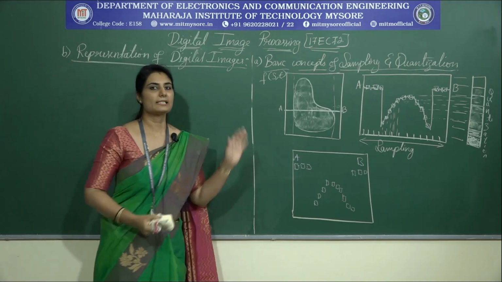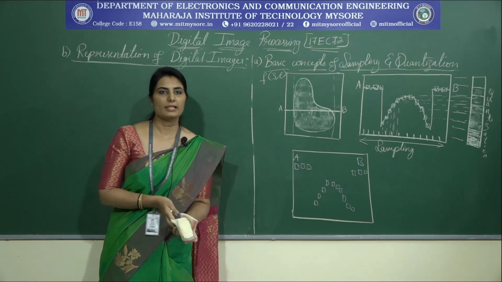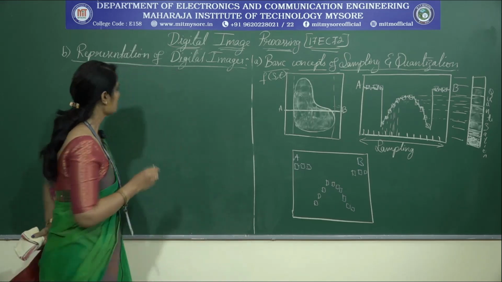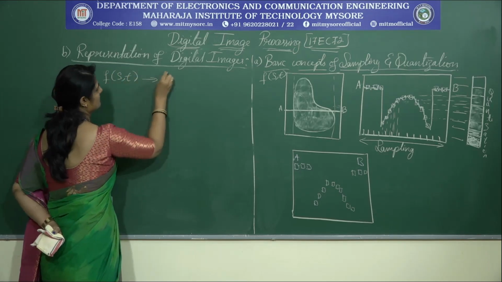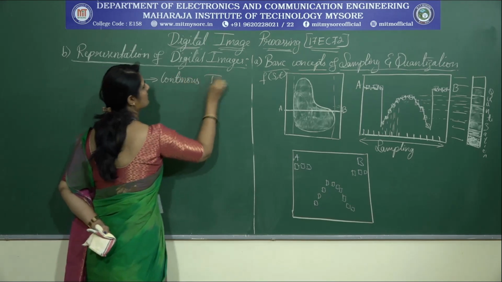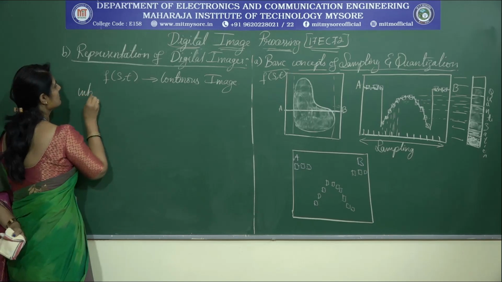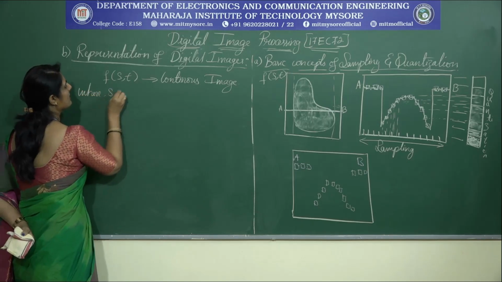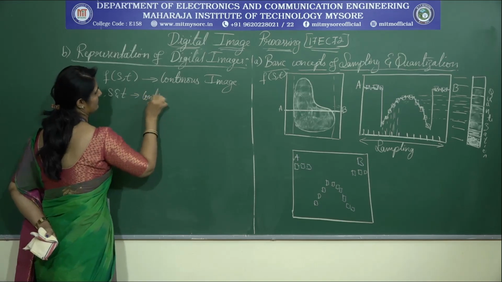So how do we represent these digital images? To illustrate that, let me consider a continuous image f of s comma t, where s and t are continuous variables.